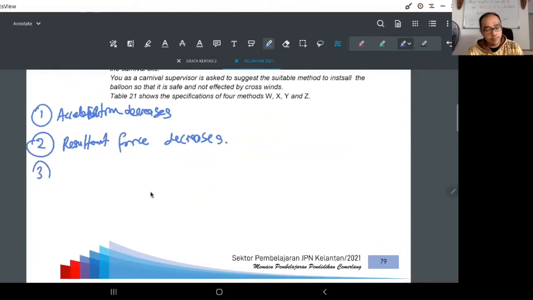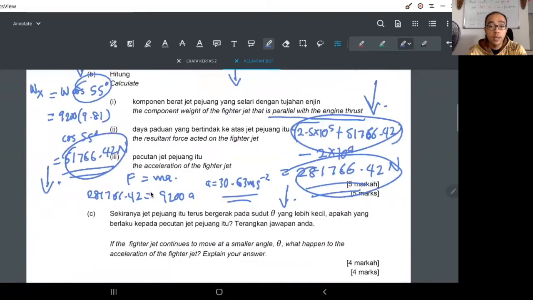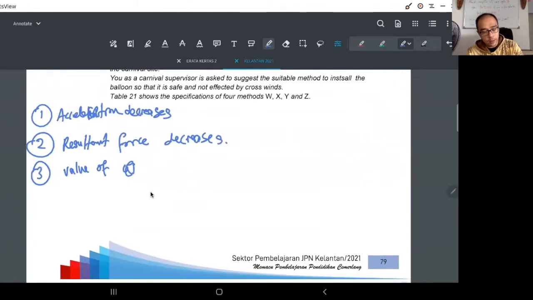You can say that the value of the weight, the value of the component weight, decreases.